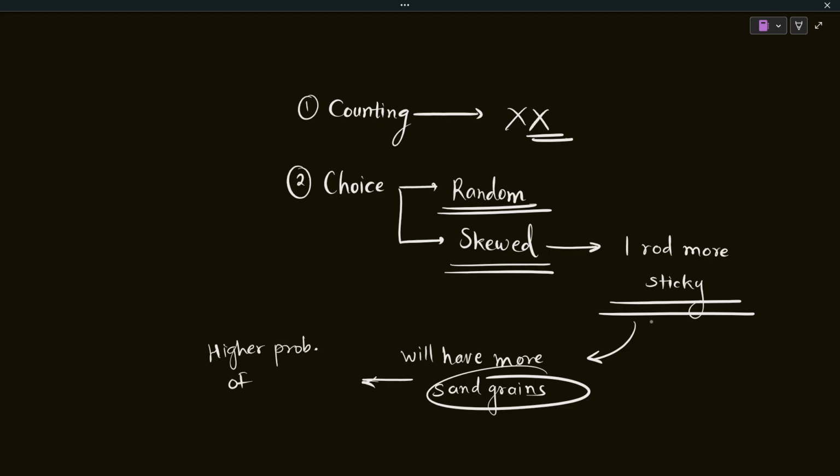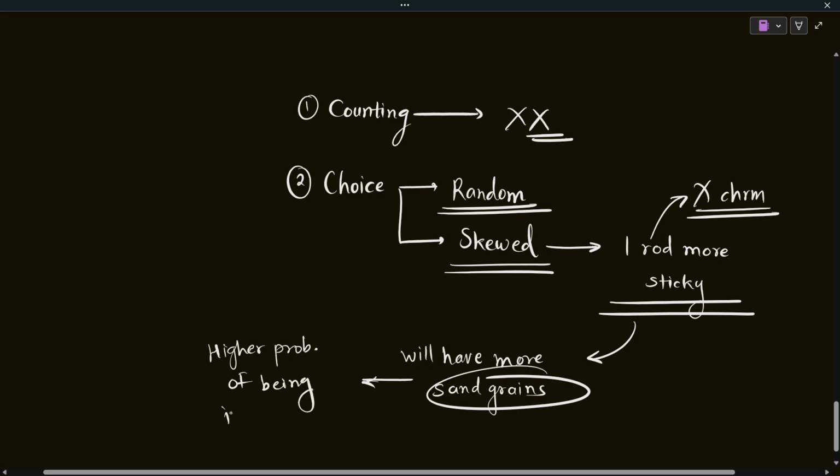The rod symbolizes the X chromosome. So this X chromosome, which is skewed, more sticky, will have a higher probability of being inactivated. This is how skewed choice is done.